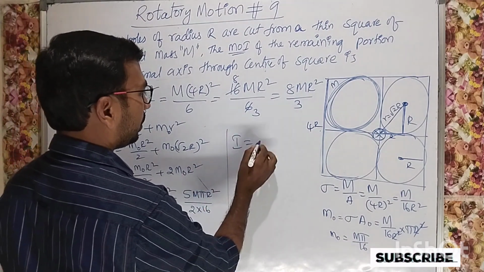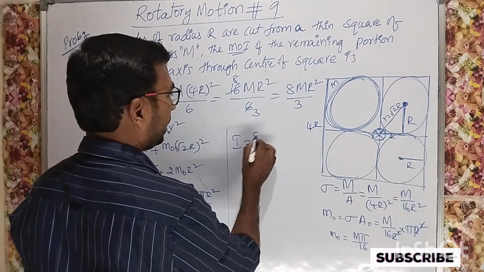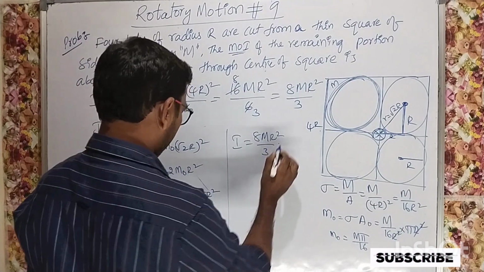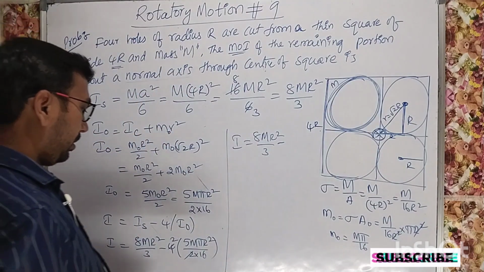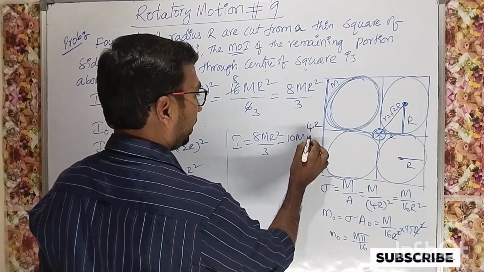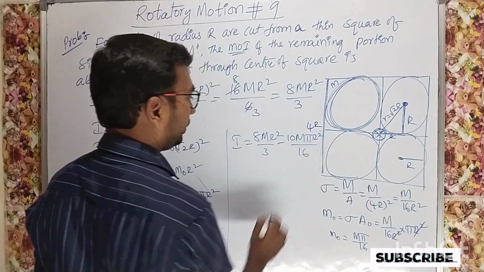So here I is equal to 8 m r square by 3 minus 10 capital M pi r square by 16.